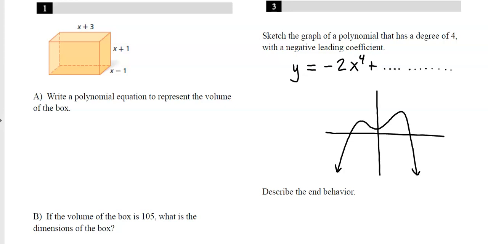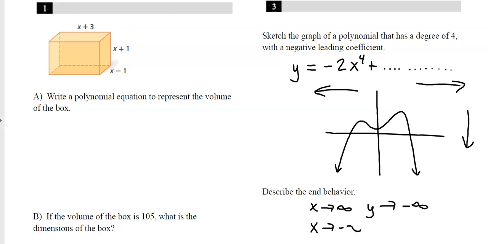That would be some sort of x to the 4th. So the end behavior is, as x approaches infinity, y is going down to negative infinity. And as x moves in the negative infinity direction, y is also going down. So there would be the end behavior for that particular function.